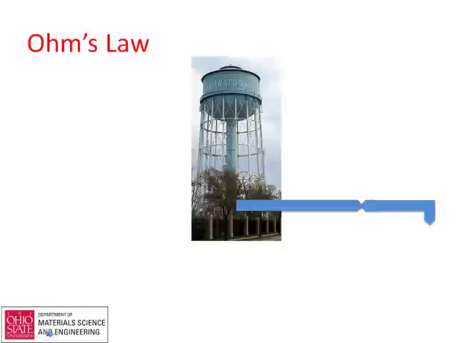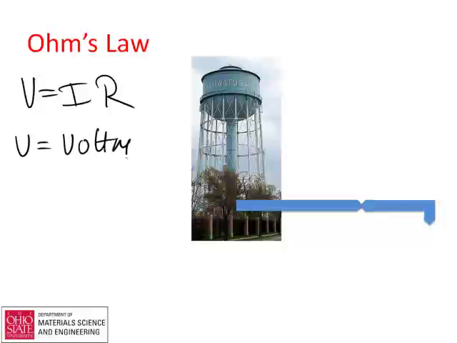Ohm's law is this, and there's a nice water example for this. Ohm's law is basically V = IR, where V is voltage, really the voltage difference across some circuit, I is current, and R is resistance.